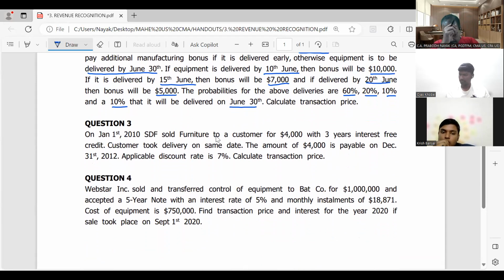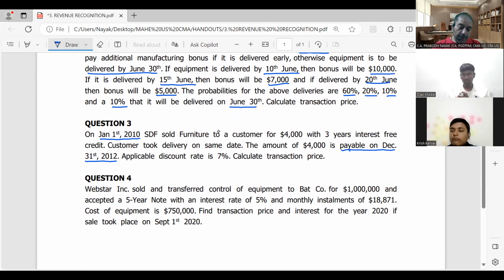Question 3. On 1st Jan 2010, SDF sold a furniture to a customer for $4,000 with 3 years interest-free credit. Customer took delivery on the same date. The amount of $4,000 is payable on December 31st, 2012.